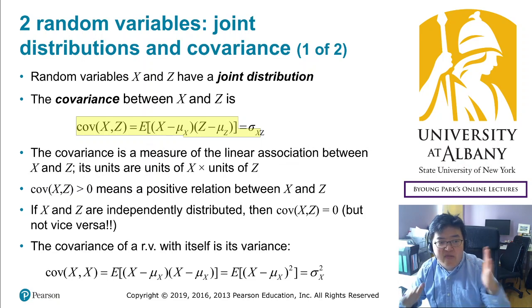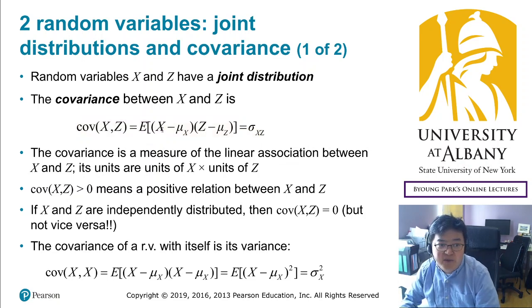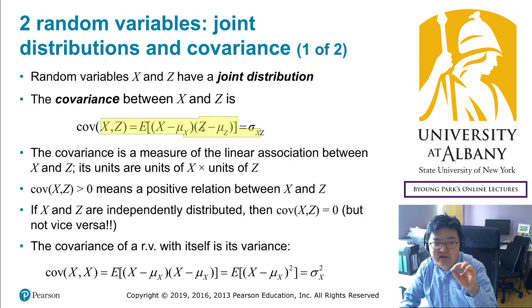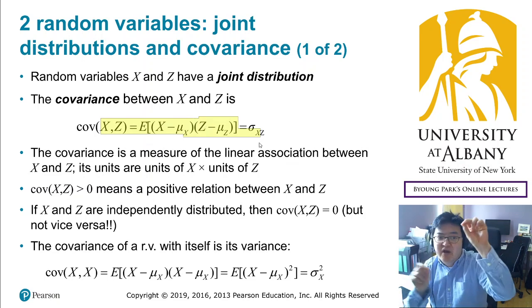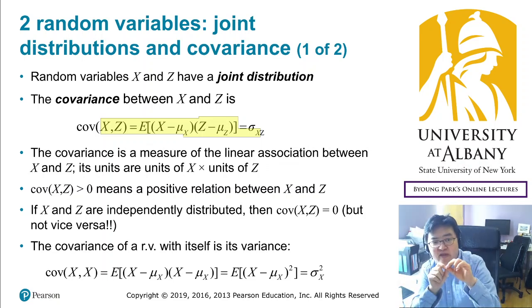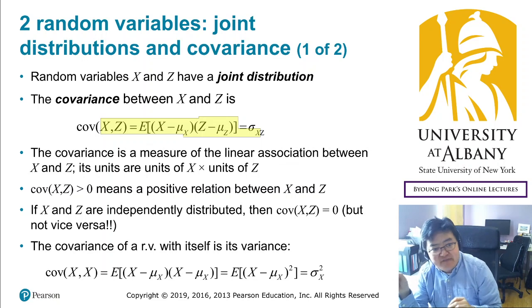You can think of it this way: when x increases, when the horizontal deviation is positive, and at the same time the vertical deviation is also positive, then their multiplication will be positive. But when the x deviation is positive and the z deviation is negative, their multiplication is negative.